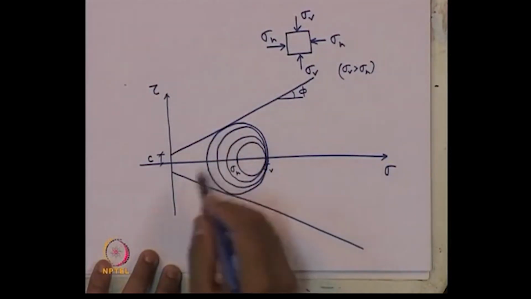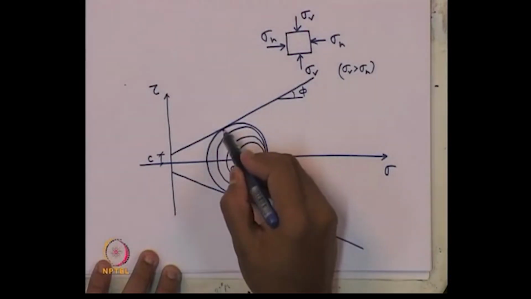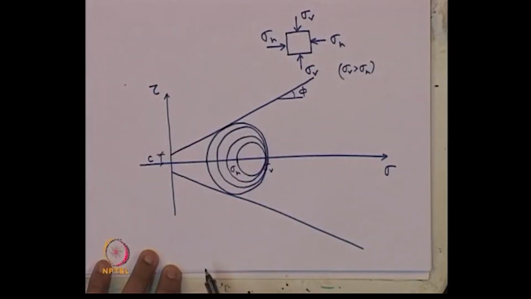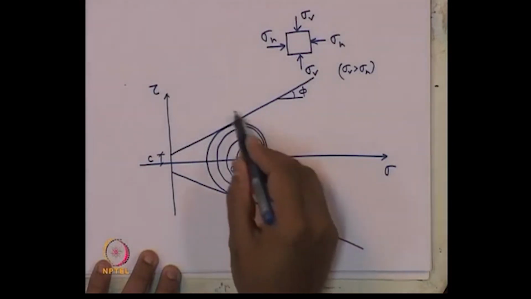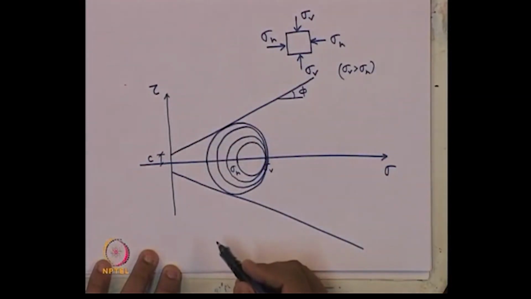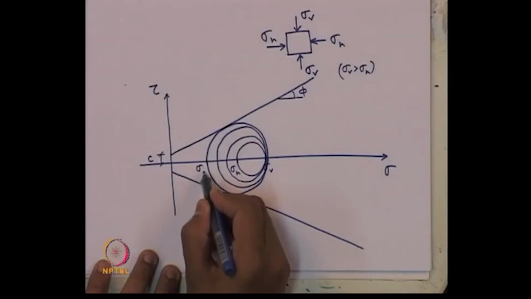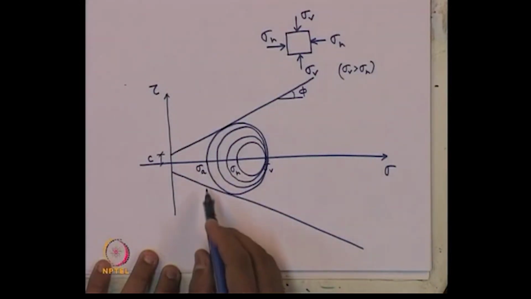In that way, it reaches a particular state when this portion touches the failure envelope. Am I right? It cannot go beyond this failure envelope, as we know. So, obviously, this is the minimum possible earth pressure, which is the active earth pressure.